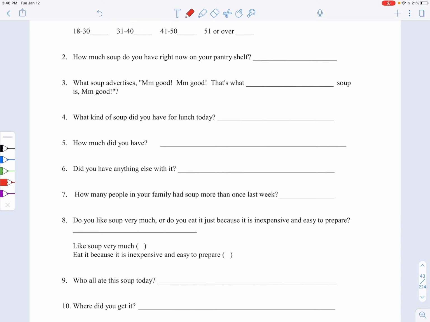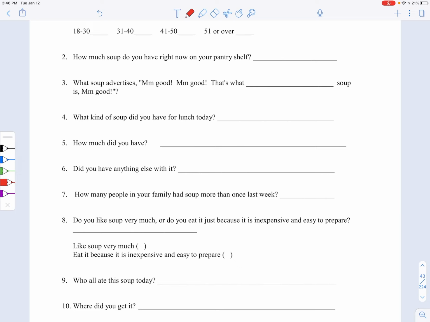What are the different ways that they can answer that? It's hot soup, it's cold soup, it's prepared soup, it's packaged soup, homemade soup, canned soup, box soup, it's Campbell's soup, it's Lipton soup, it's chicken noodle soup, it is tomato-based soup. There are lots of different ways that you can answer this one, so you want to give them some categories here.